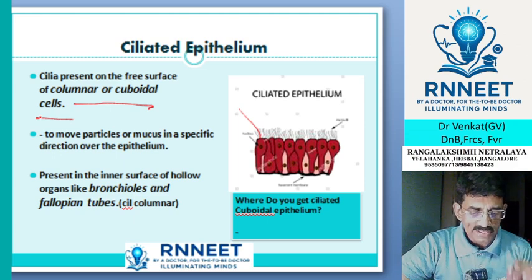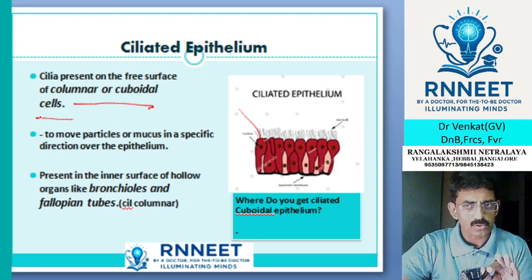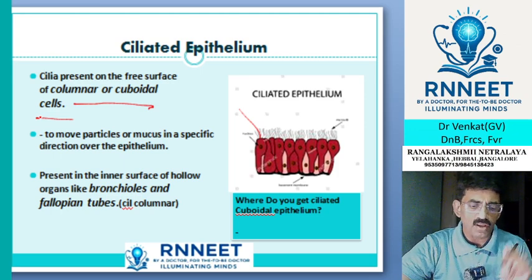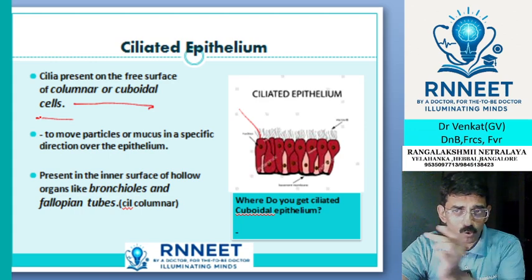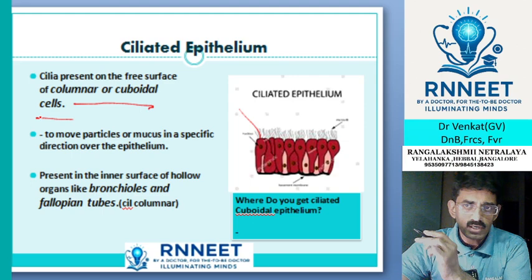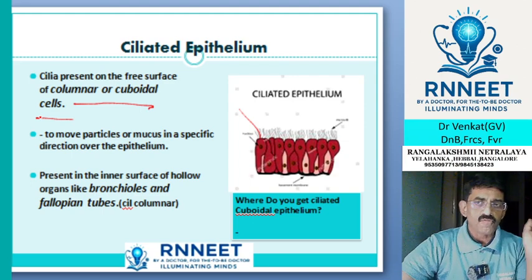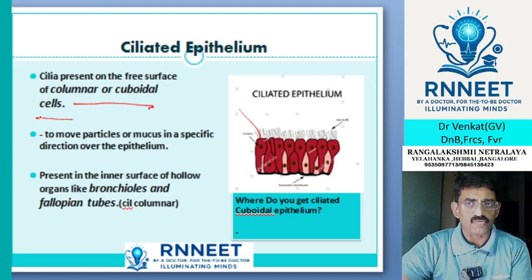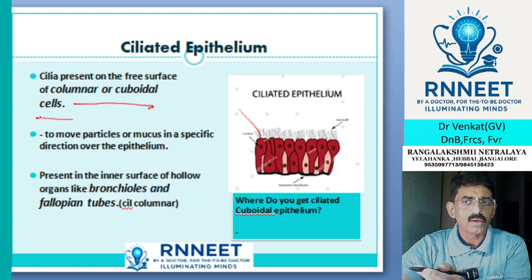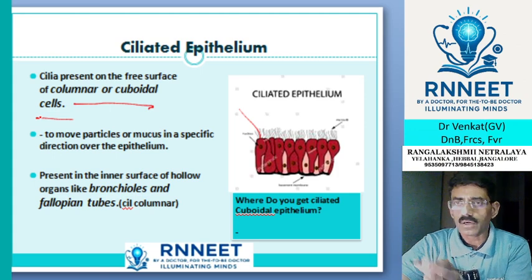Okay, and they are present on the inner surface of hollow organs like the bronchioles and the fallopian tubules. So the air sacs, the nasal cavity as well as the bronchioles and the fallopian tubules. In the fallopian tubules, the purpose is to move the ovum from the fimbriae to the place where fertilization takes place.